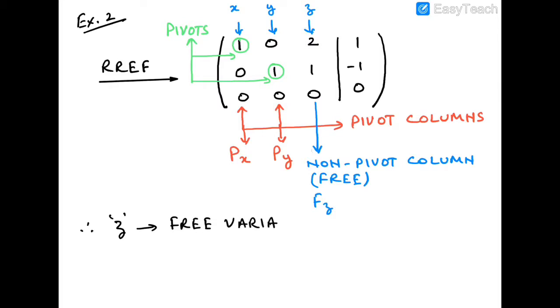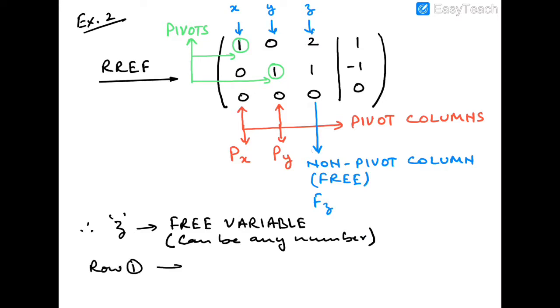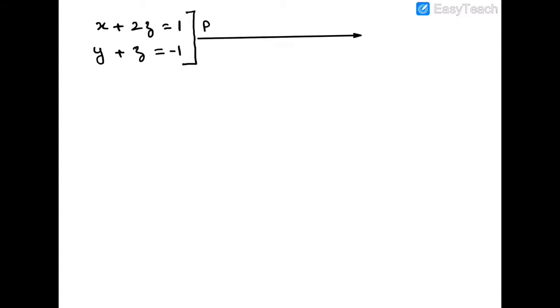So if Z is a free variable, then we can write any value of Z. Now row 1 can be written as X plus 2Z is equal to 1, and row 2 as Y plus Z is equal to minus 1. Now express each basic variable in terms of the free variable, and here the basic variables are X and Y. So let's write in parametric form and take a parameter t.